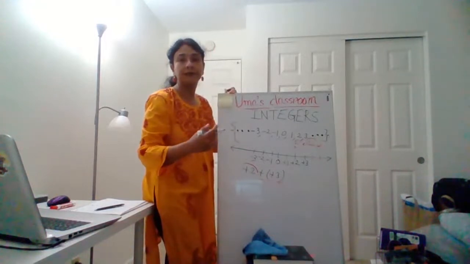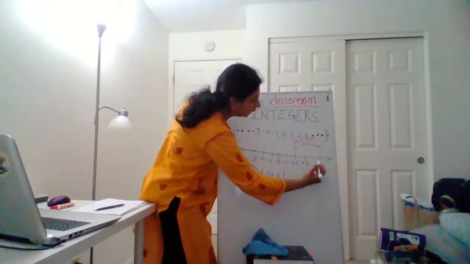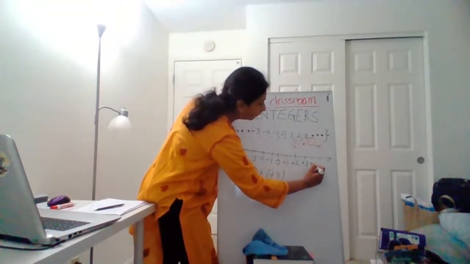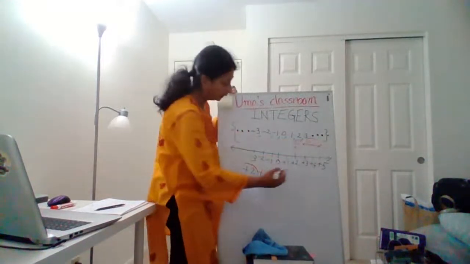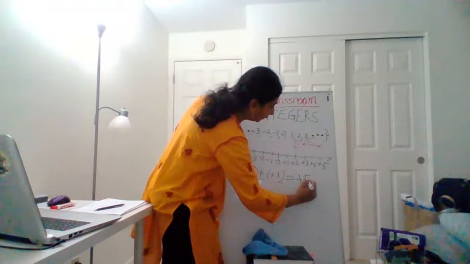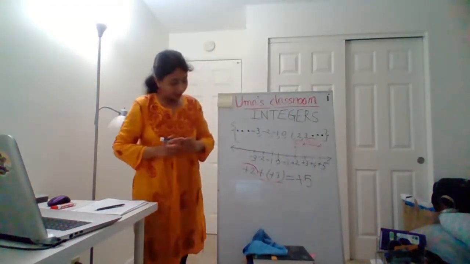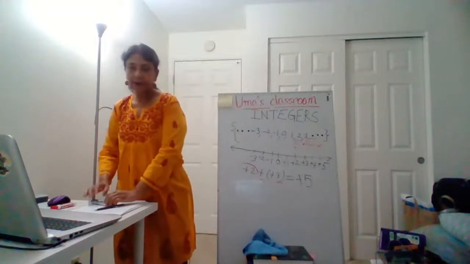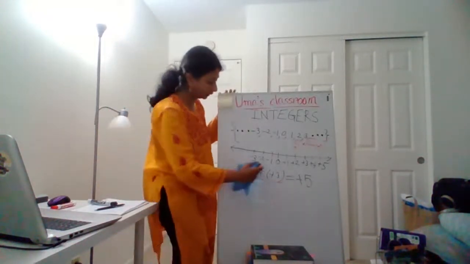That means it is representing positive integers. 1, 2, 3. This is +4. This is +5. And of course, the result of this addition is also +5. And I think many of you already know how to perform these operations.